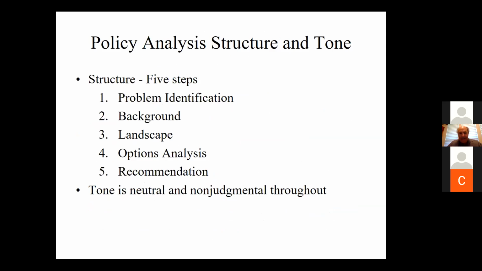So I've provided number 1 in the 5 steps with the question or the assignment that I've given, which is to analyze some options for expanding Medicaid in Oklahoma. And this means then you have to address items 2, 3, 4, and 5 in the 5-step policy analysis approach.